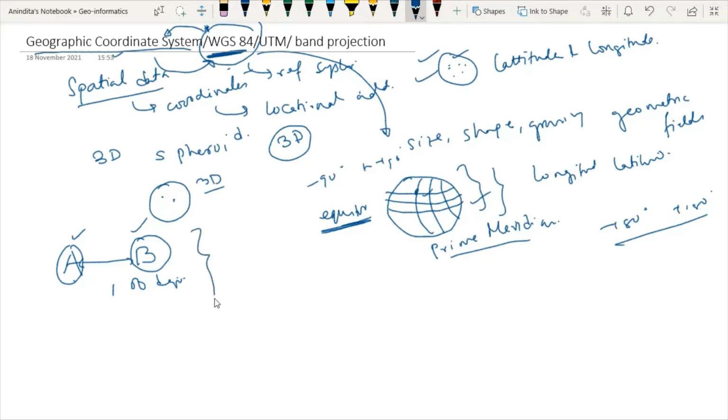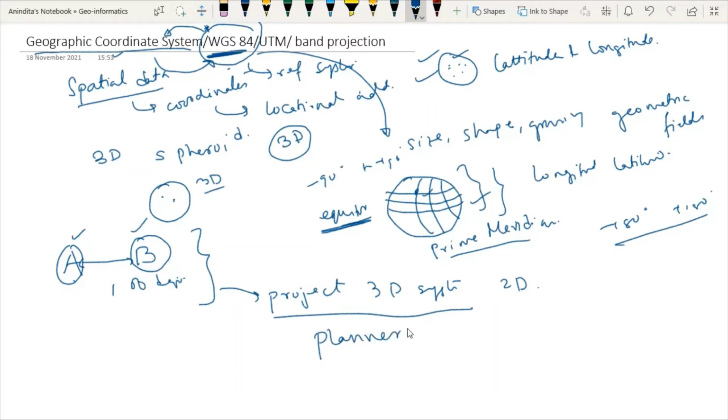So in this case, we need the term projection. At this point of time, we need to project the 3D system into 2D space. And this is where we need the concept of planar coordinates.